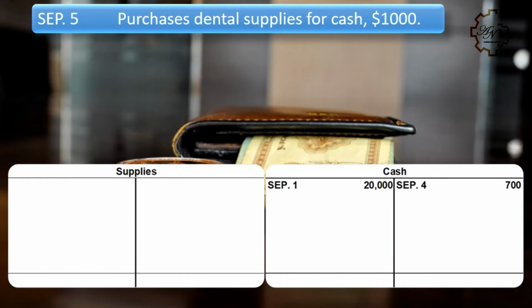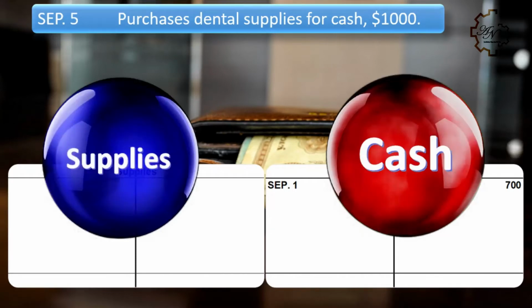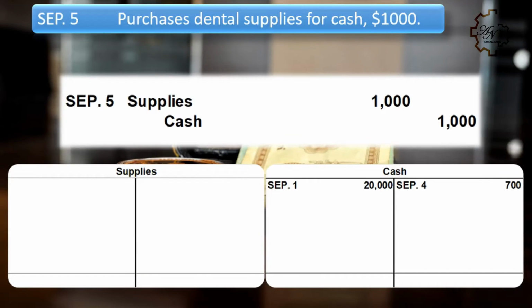On September 5, purchases dental supplies for cash for $1,000. Here we have supplies and cash, and the entry is debit supplies, credit cash. And we have to transfer them to supplies account and to the cash account.